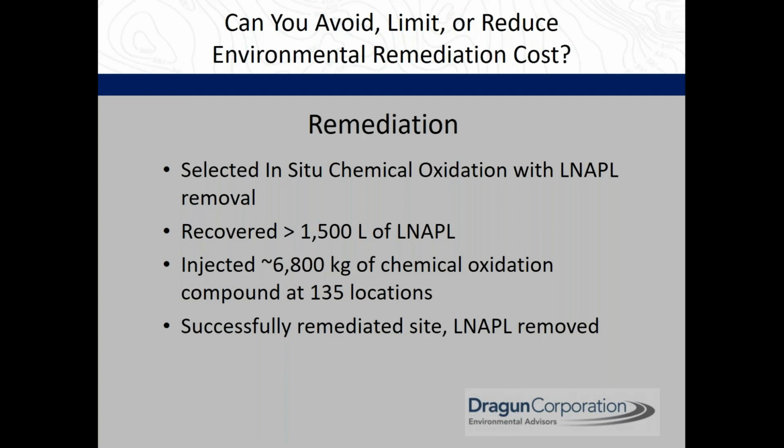And we did these injections over a couple events. And in the end, we were successful and able to decrease the concentrations in the subsurface to meeting the criteria and the standards that were set for that site, the applicable standards. And the product, the free product, LNAPL, was also removed.